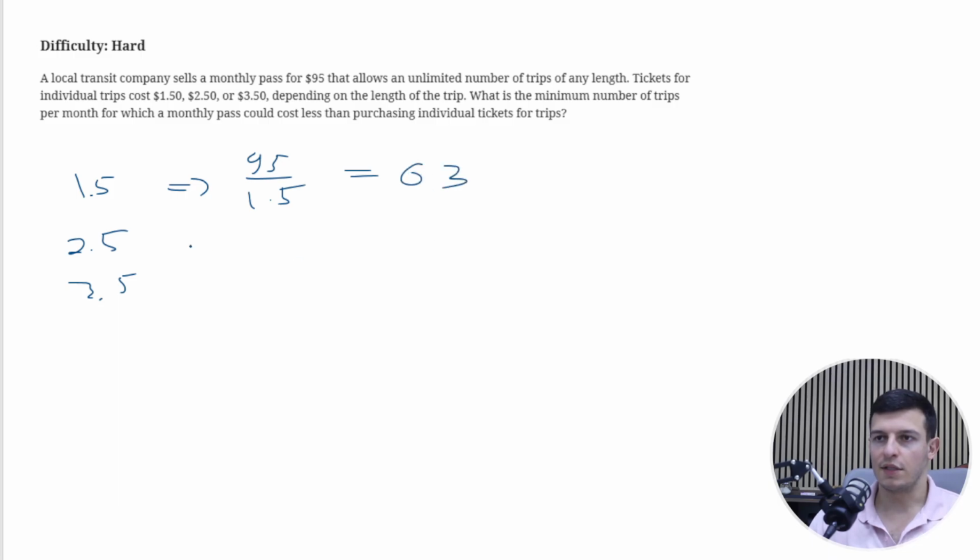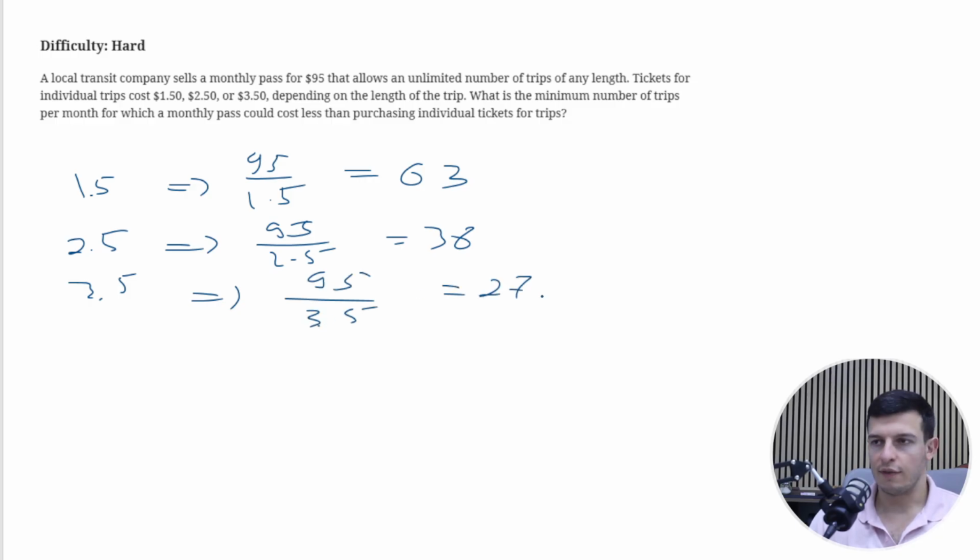It's approximately 63. For 95 divided by 2.5, you can buy approximately 38. And for 95 divided by 3.5, you can buy 27.14. Okay, so these are the amounts that you can buy with $95 if you just spend it on tickets.